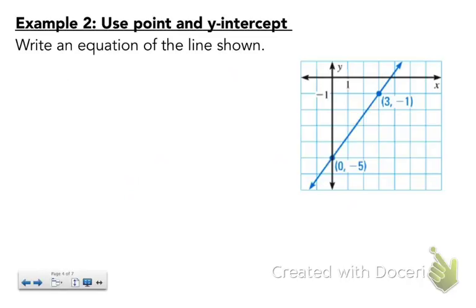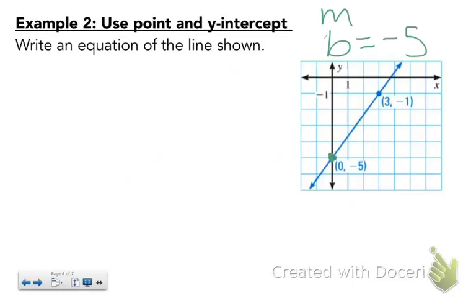For another example, we can also use this technique to help us write an equation given a graph. So if we're given the graph on the right, remember the two things that we're always looking for are the slope and the y-intercept, or the m and the b. Looking at this graph, they're showing us exactly where it's crossing the y-axis, and that's at -5.